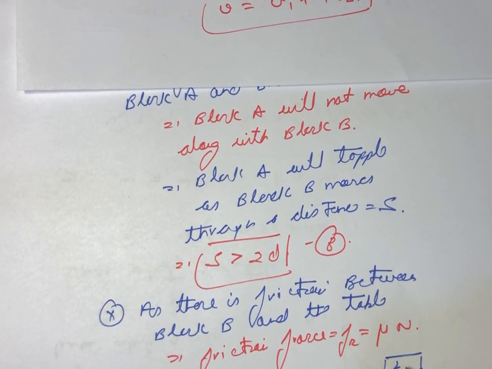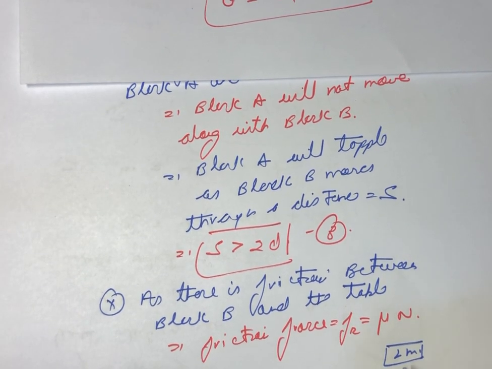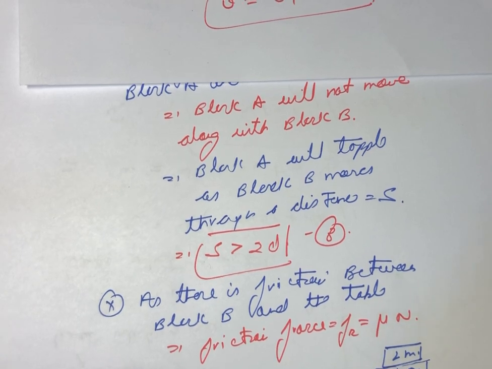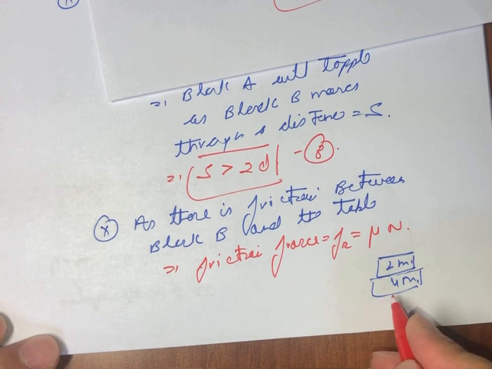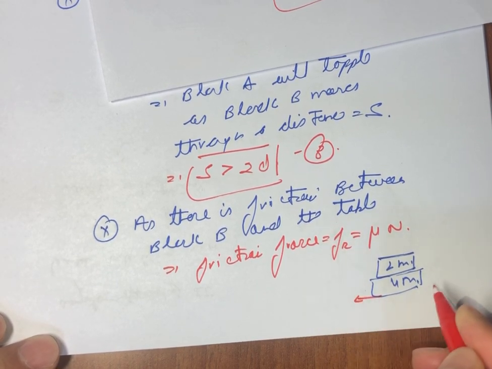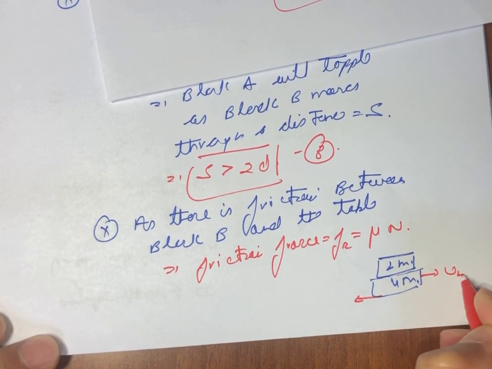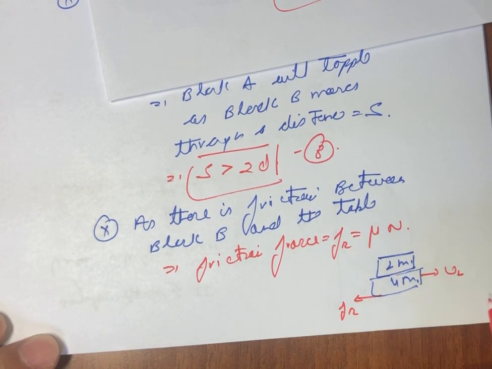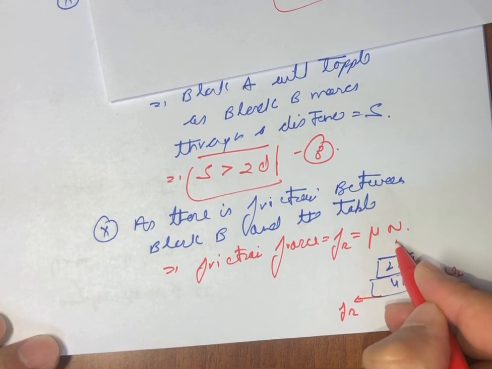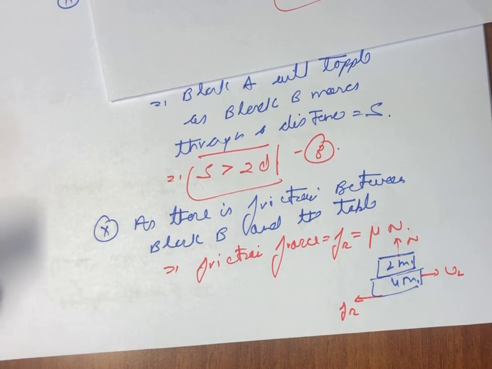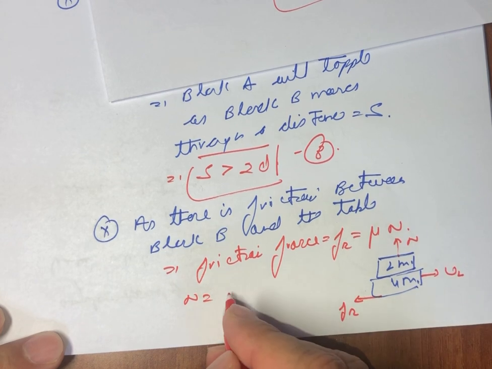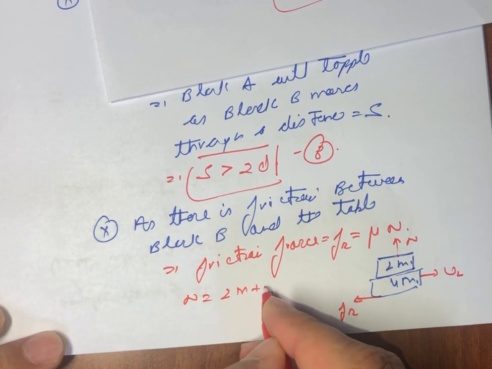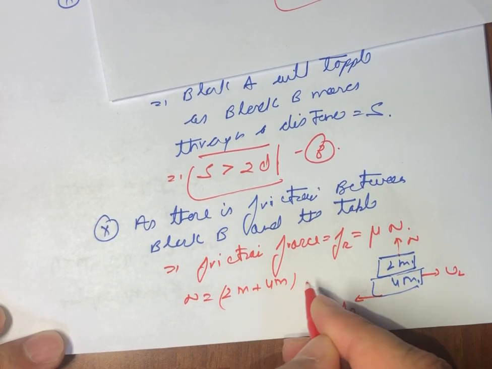So we have this 2m, and we have block B of 4m. Block B has the tendency to move towards the right side with the velocity of v2. So friction will be acting in this direction, and we have a normal N in the upward direction, or we can say normal N will be equal to 2m plus 4m multiplied by g.